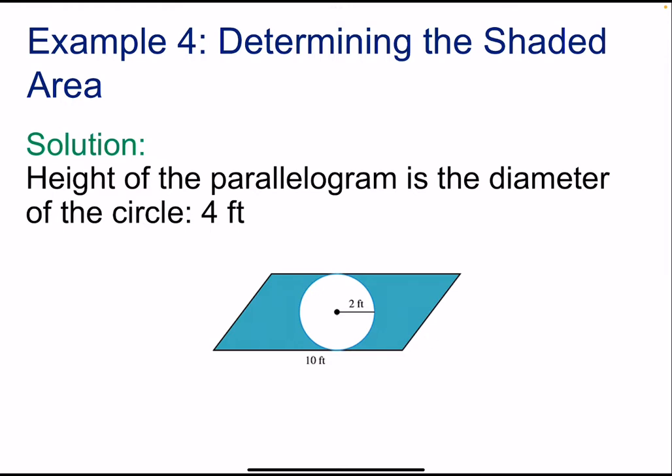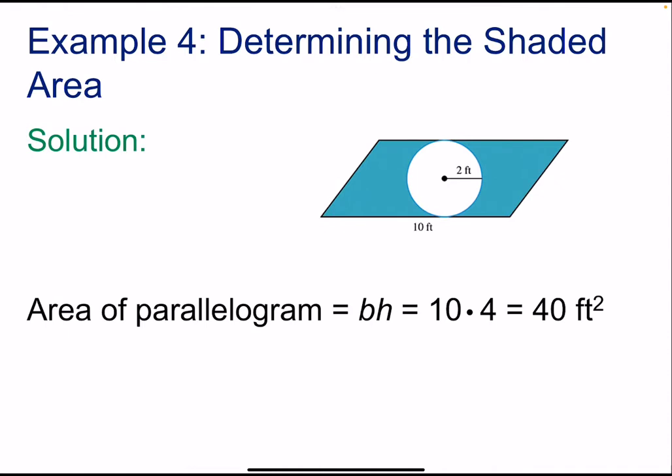Because the parallelogram includes a circle, and the circle touches both the bottom side and the top side, it should be easy to see by observation that the height of the parallelogram equals the diameter of the circle, which is 4 feet. Therefore, the area of the parallelogram equals base times height, 10 times 4, which is 40.